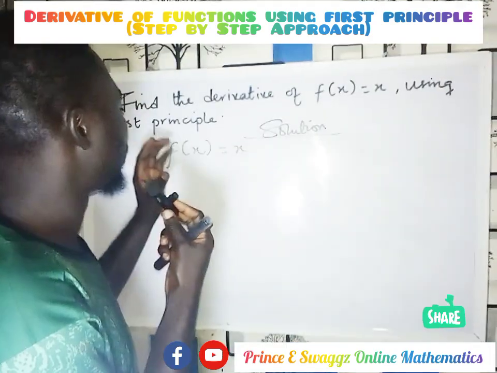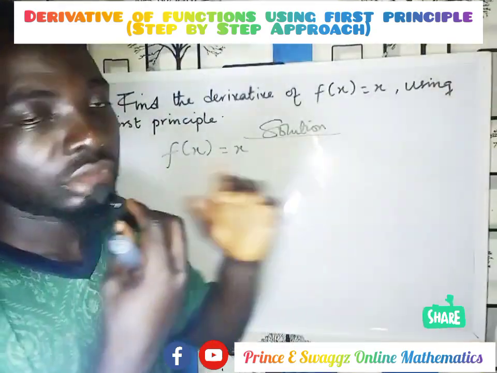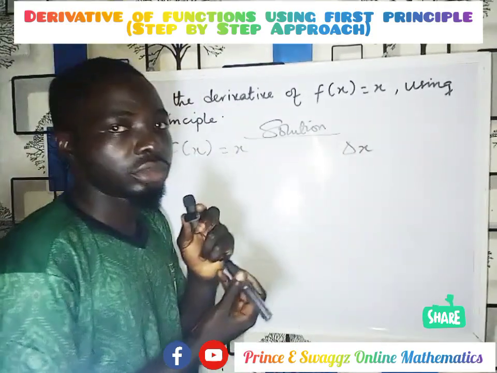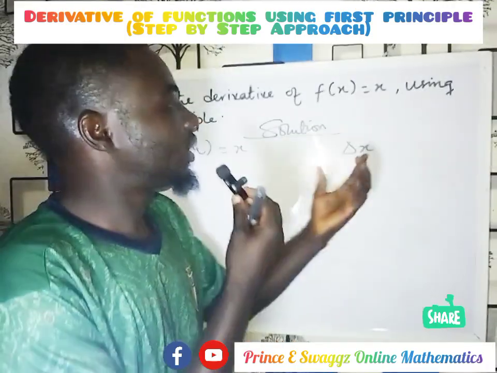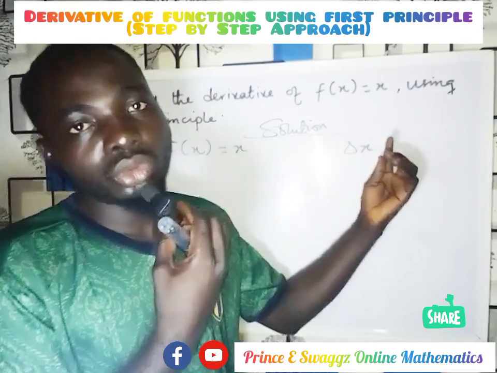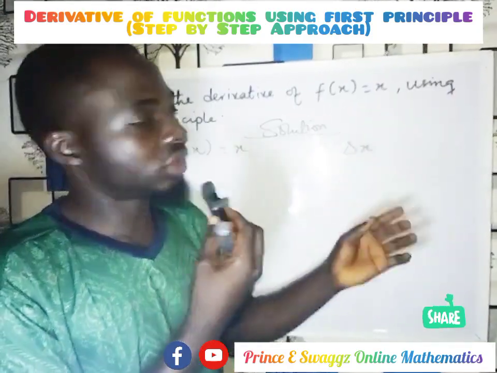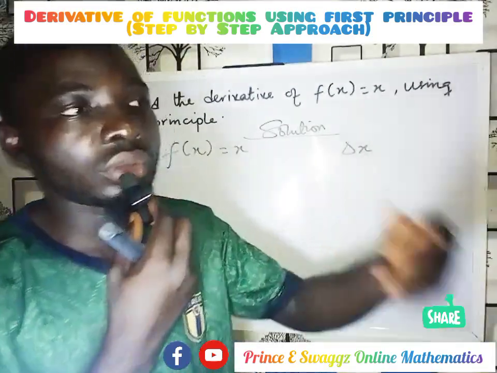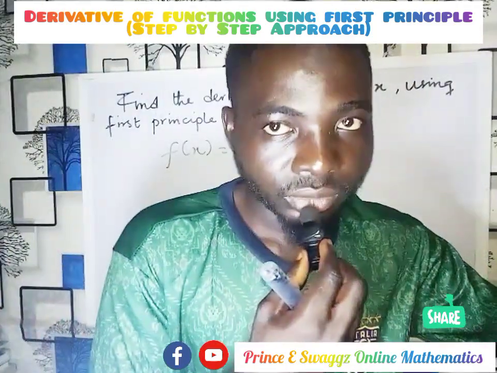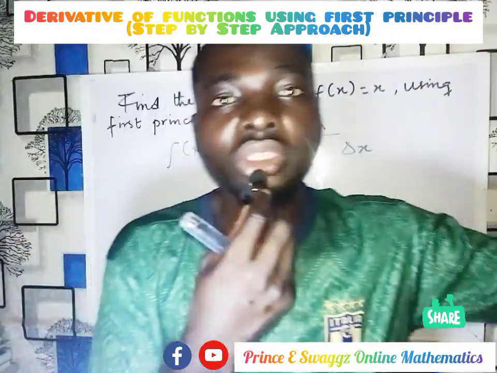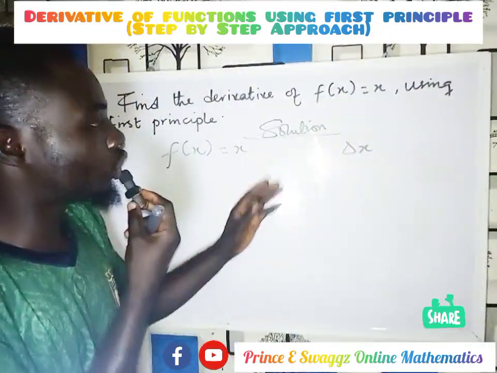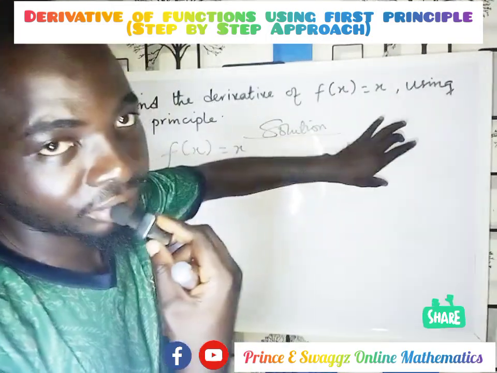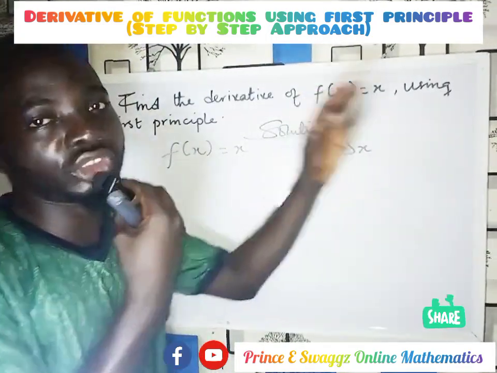So you add your change in x, which is denoted as delta x, which simply means increase or decrease. Because as one variable increases, the other will also increase, and as one decreases, the other will also decrease. So we use delta x to represent change in x.